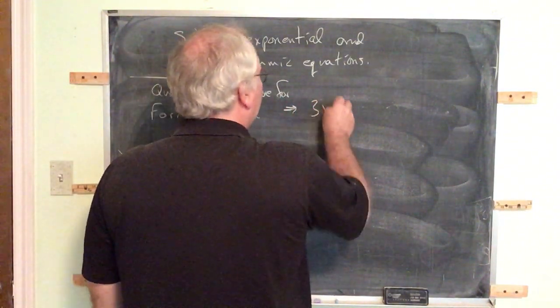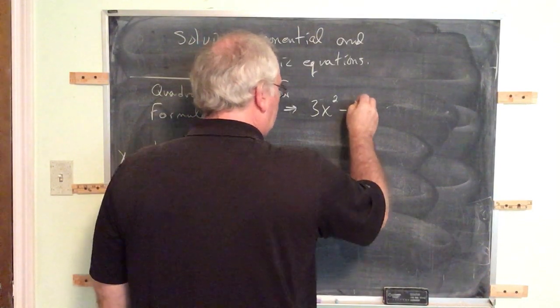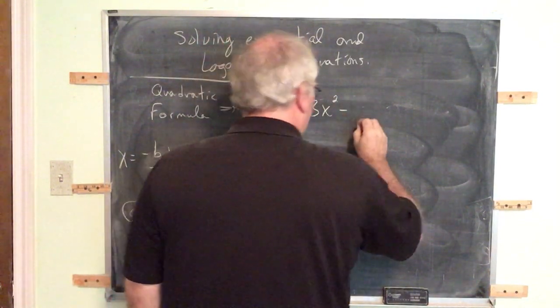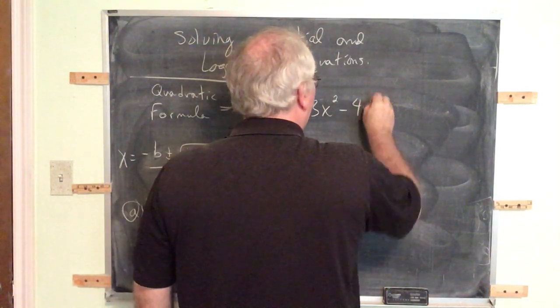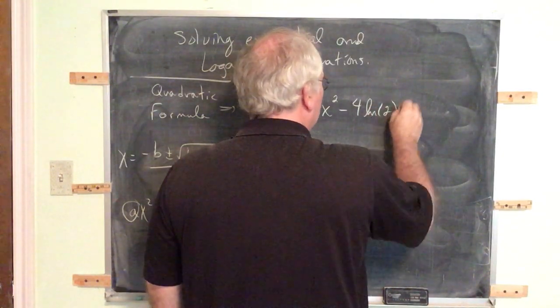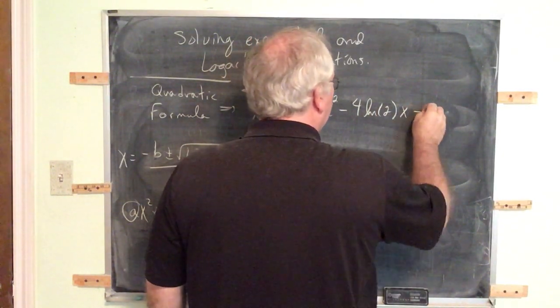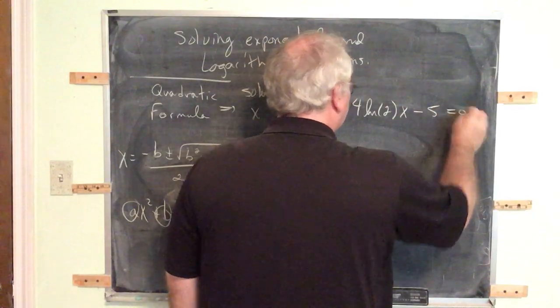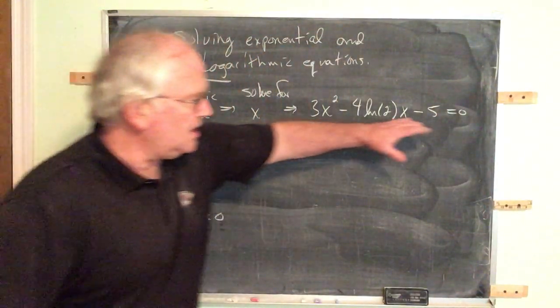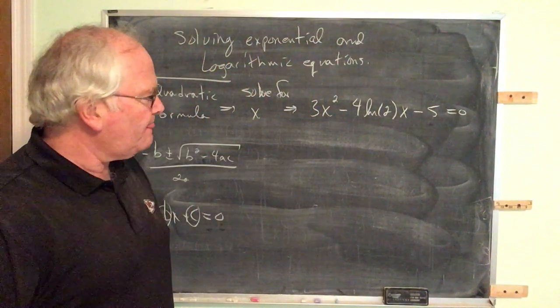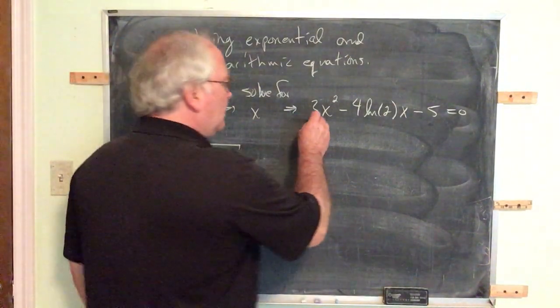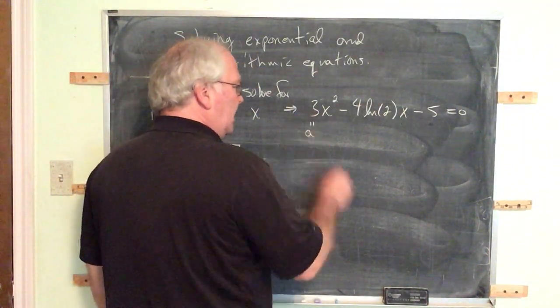Consider 3x squared minus, let's say, 4 times the natural log of 2, times x, minus 5, equal to 0. This is quadratic. But notice, a is no problem. A is 3.